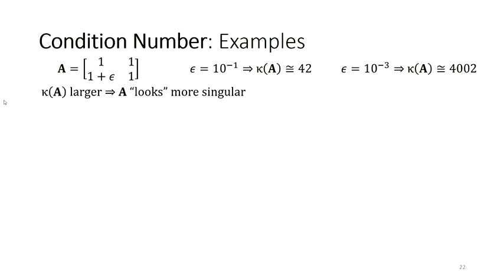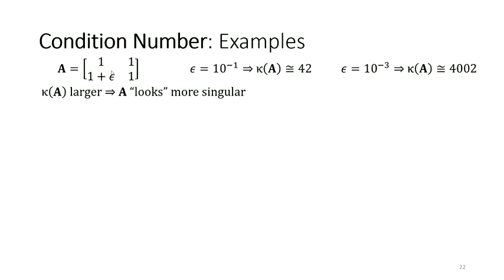That's because when epsilon gets smaller, this matrix A looks more and more like a singular matrix, right? In the limiting case, when epsilon approaches 0, this will be a singular matrix. We know that for a singular matrix, the condition number is infinite.